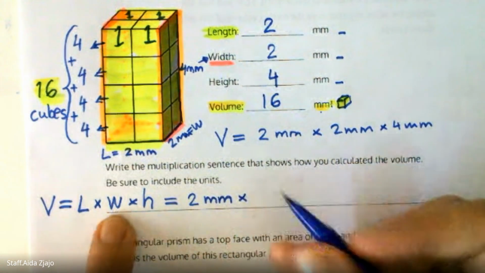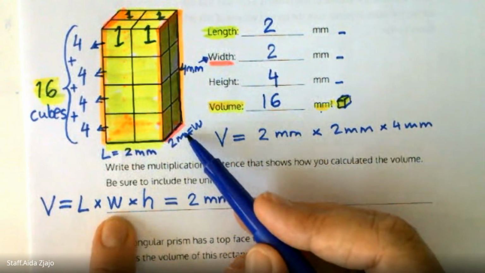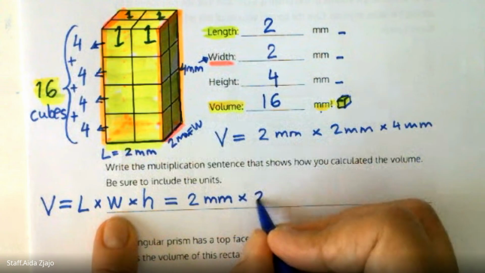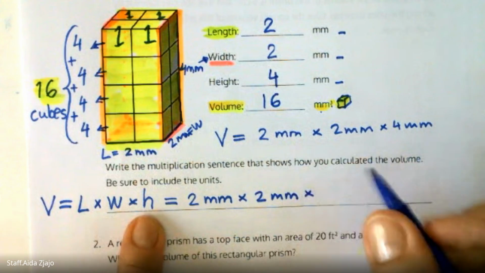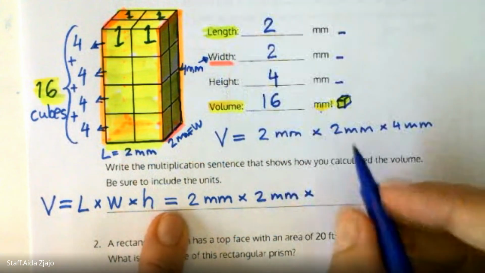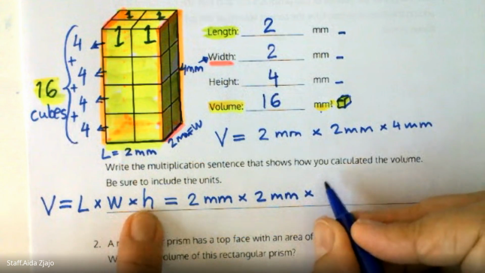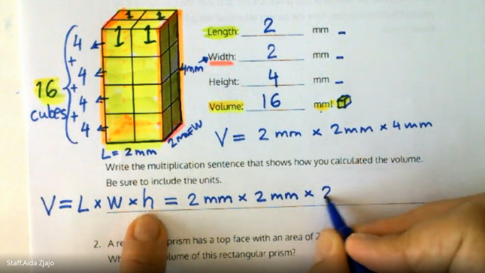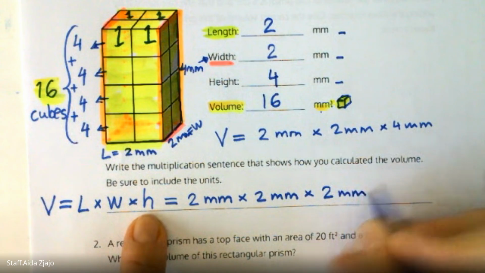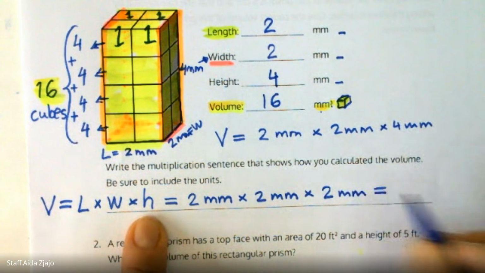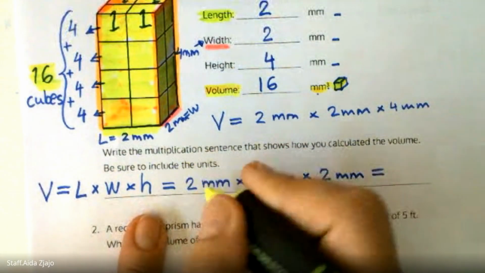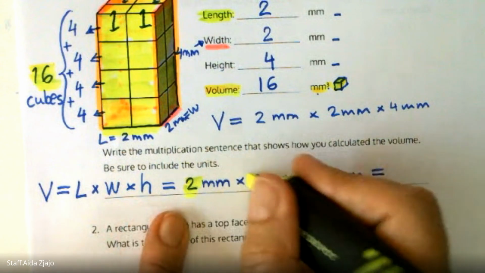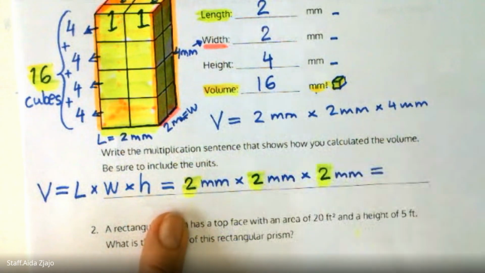When you substitute W, we have 2 millimeters. And when you substitute H, we have 2 millimeters. Now we are going to multiply the values, 2 times 2 times 2.